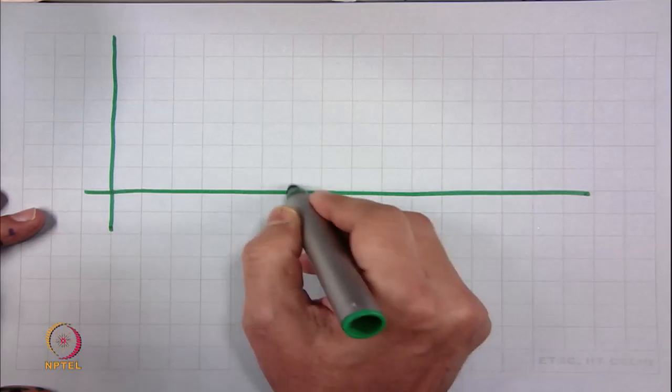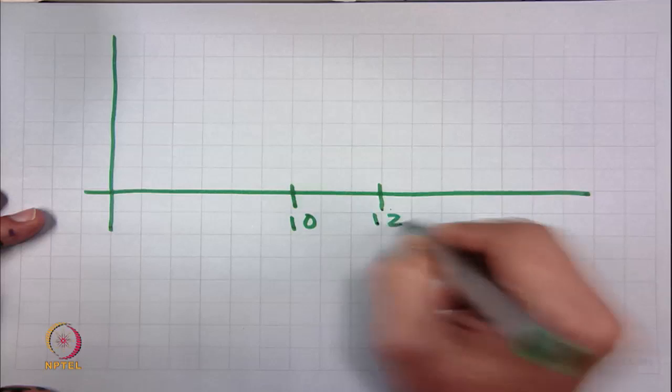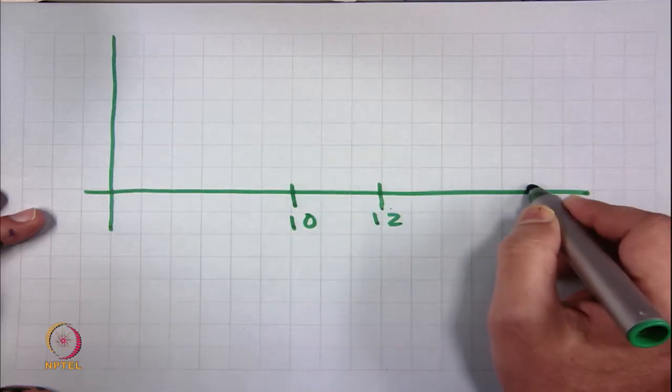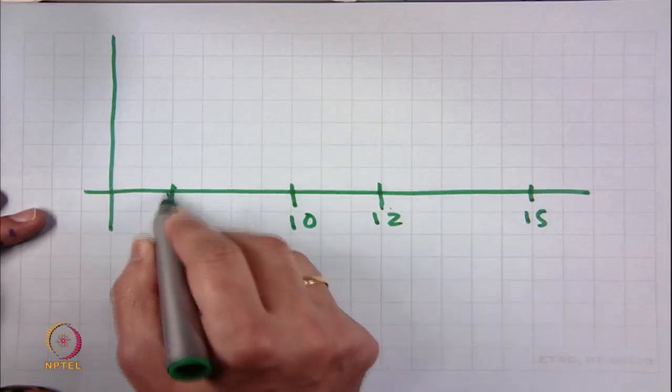So, suppose this is 10, this is 12, this is 15 and this is 8.